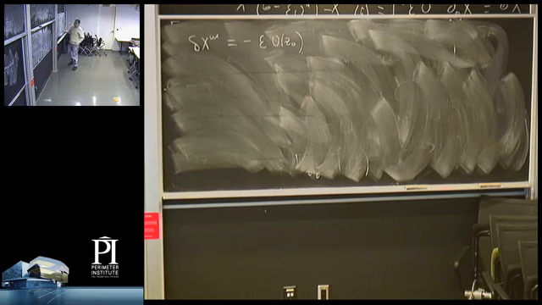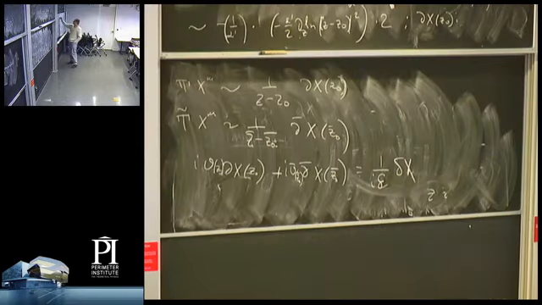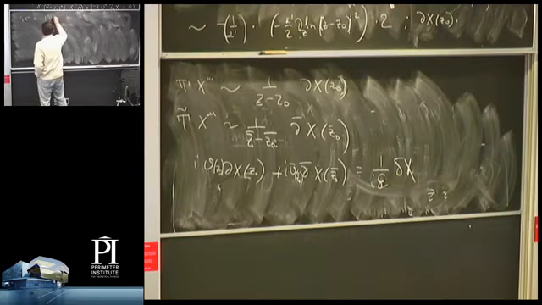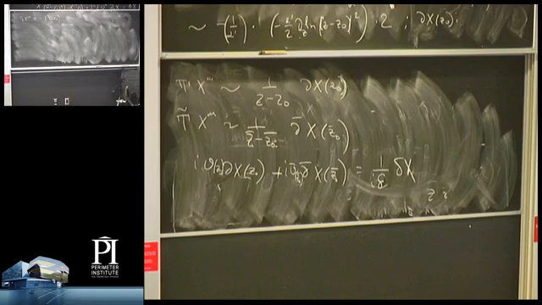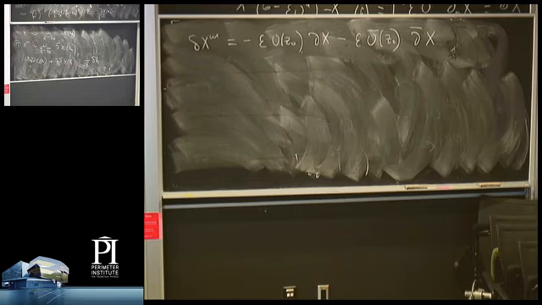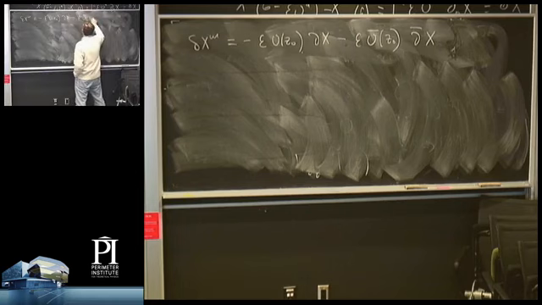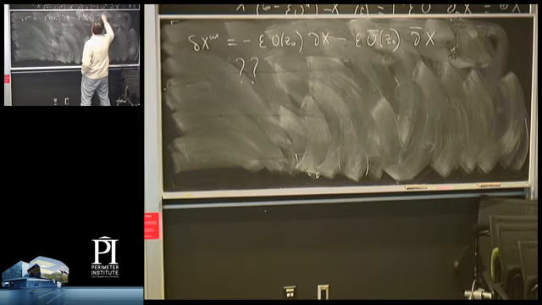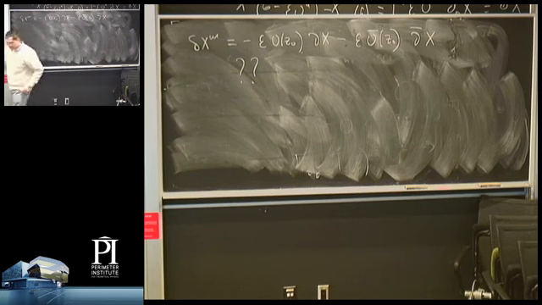So delta x mu equals minus epsilon v of z0, be careful, and this guy is z0, times del x. And then I have minus epsilon v bar of z0 and del bar x. So that's a symmetry transformation.